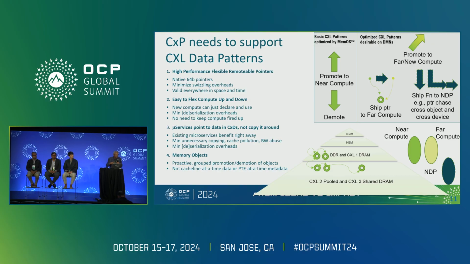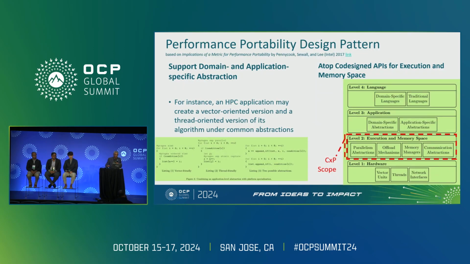The presentation from Elephance, at the Innovation Village, talks about using memory objects, and then Jay will say a little bit more. But what I want to point out to you is that being able to point to data rather than copy data across RPCs, being able to ship function to data and then have it chase pointers across devices and regions, these are the kind of things that you have to think about.